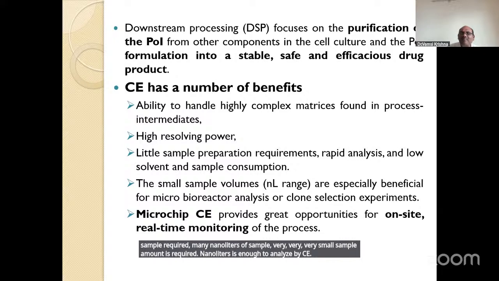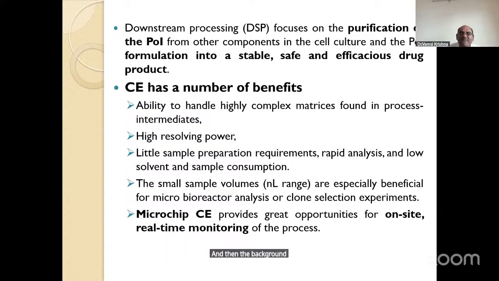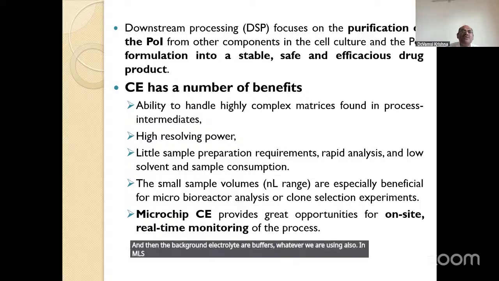The background electrolyte or buffers we use are also only in mLs, a few mL, 2 mL is enough. That's why the CE technique is very widely used in biopharmaceutical production monitoring and quality control analysis.